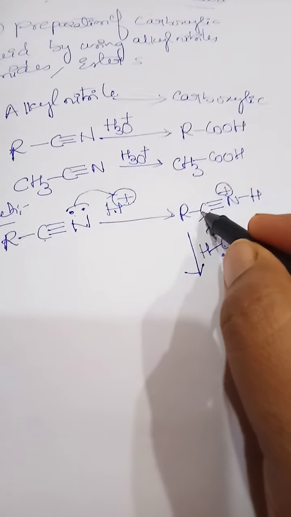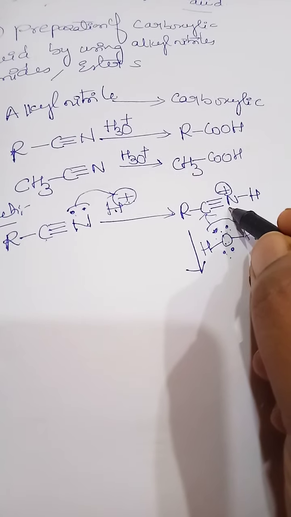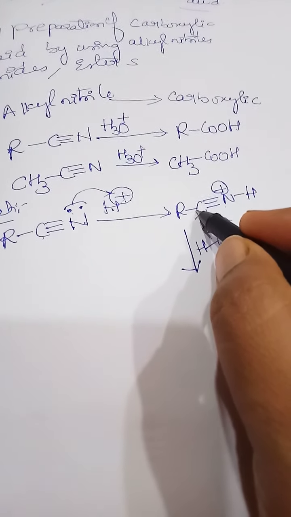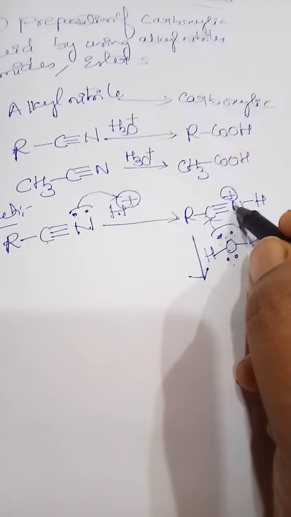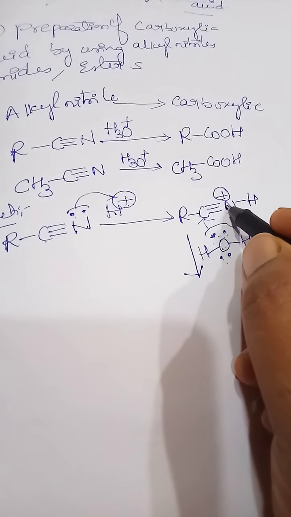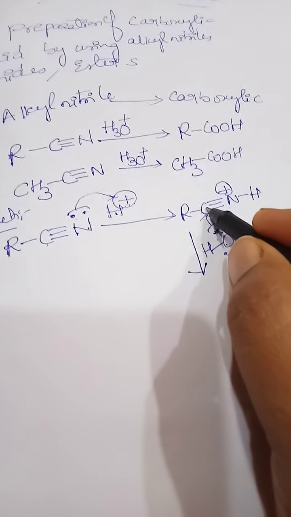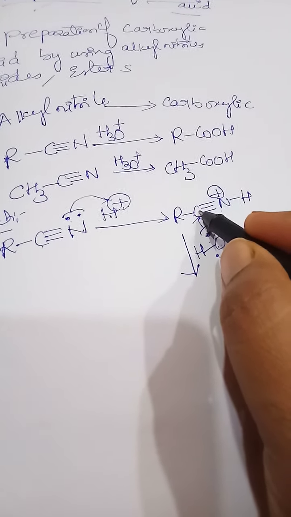Because already the carbon is attached to the nitrogen, that is an electronegative atom. Because of that it becomes electron deficient. Already a positive charge is there, so it has become more electron deficient, and this carbon will be acting as an electrophile. Okay, so hope you're understanding properly.